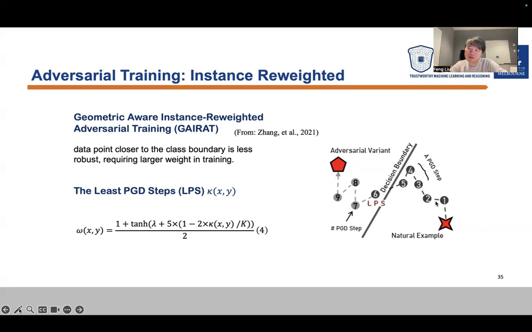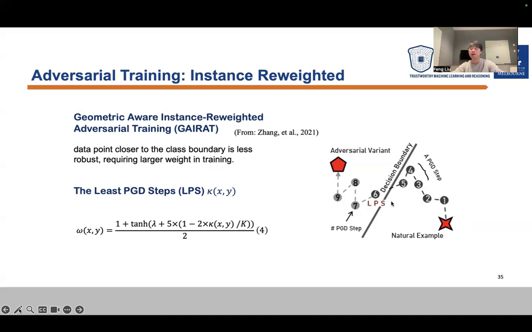So we can look at the first step, second, third, fourth, fifth, sixth. We can find that at step 6, the natural example has passed the decision boundary. It means that we successfully attack the natural example to be far away from its original ground truth label. Okay, so here we call 6 the LPS, the least PGD steps.